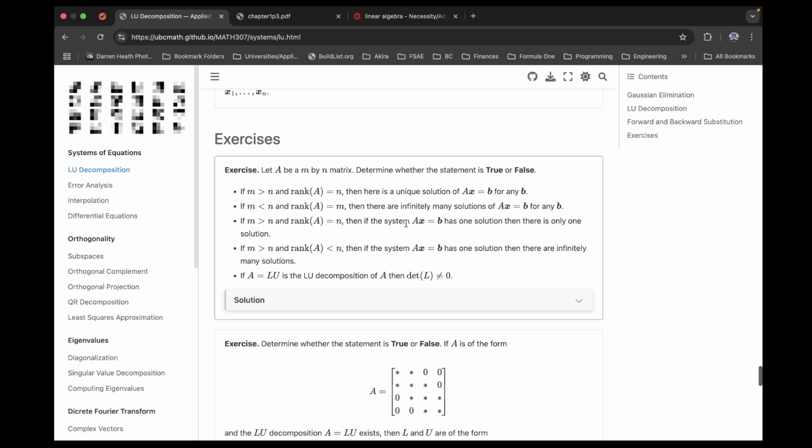Then if the system AX equals B has one solution, then there is only one solution.